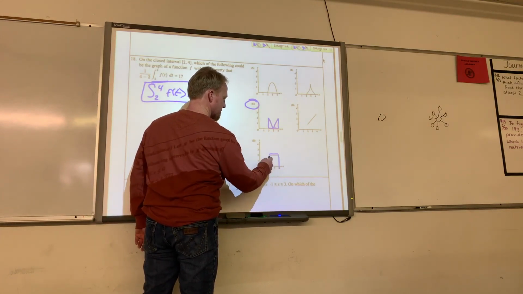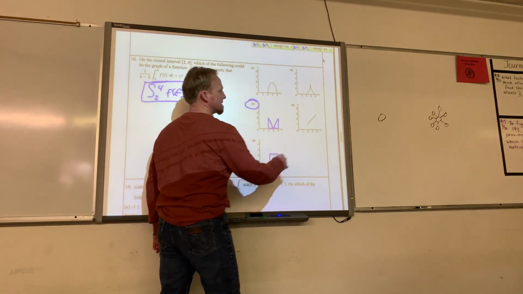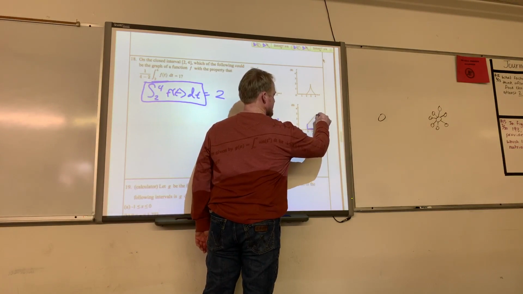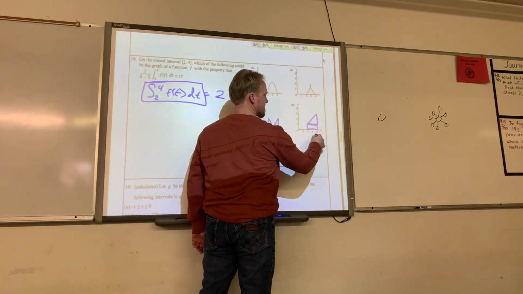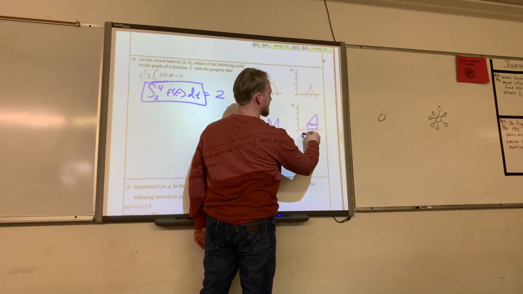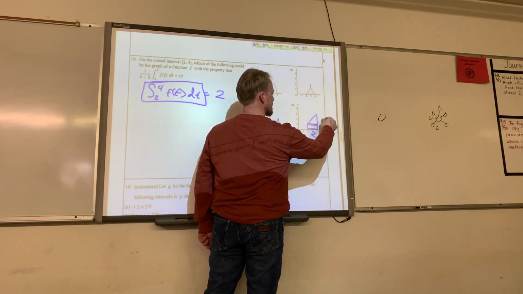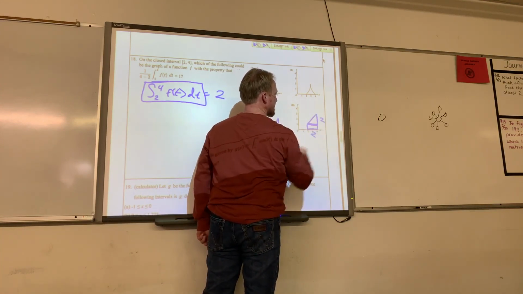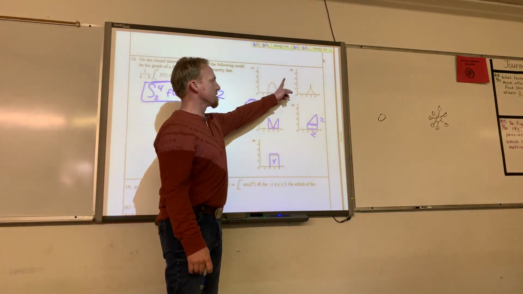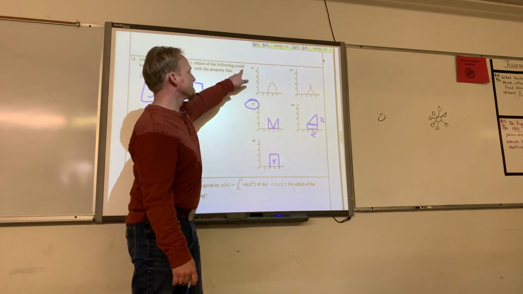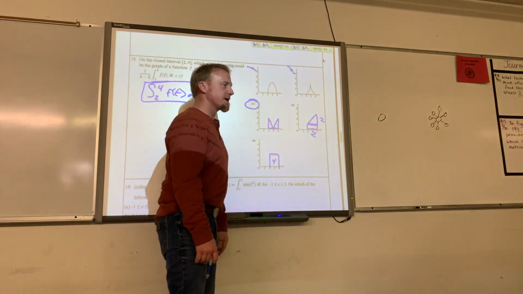That's going to be 2 by 2, so that's 4. This one you can do a trapezoid, or you can break it up and do a triangle and a rectangle. So this is 2 down here. That's a 2 by 2, so that's going to be 2 as well. So that total thing is 4. These, since they're curved, you're not going to be able to find them. So more than likely, you could have eliminated those right off the bat because you can't find them.